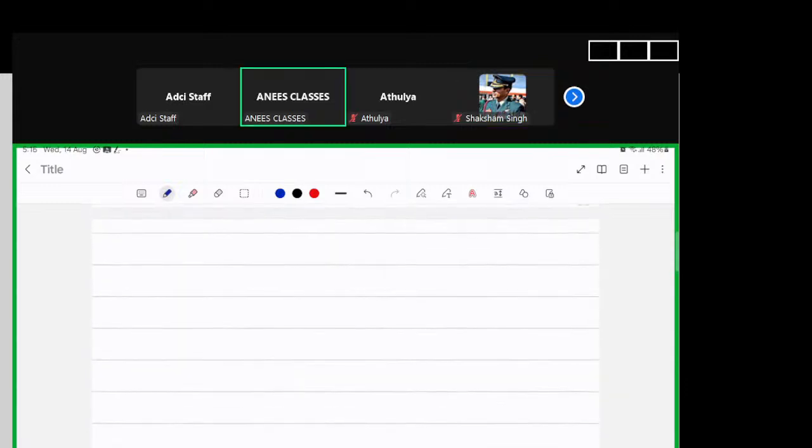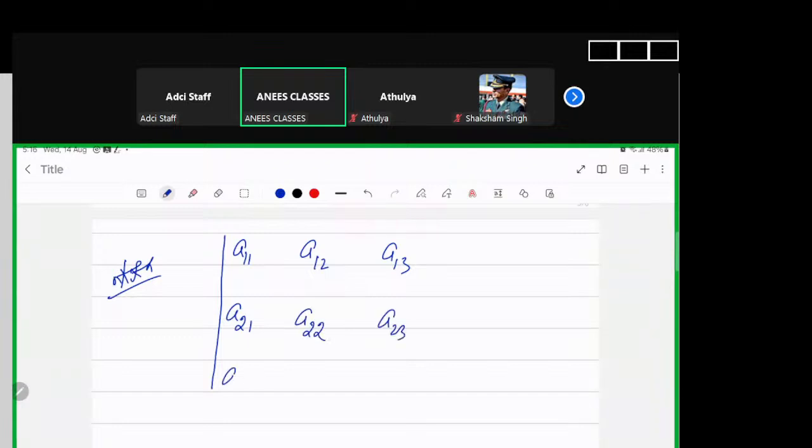Now see the property. Suppose that you have A11, A12, A13. Very, very important for NDA. I am writing A21, A22, A23, A31, A32, A33.